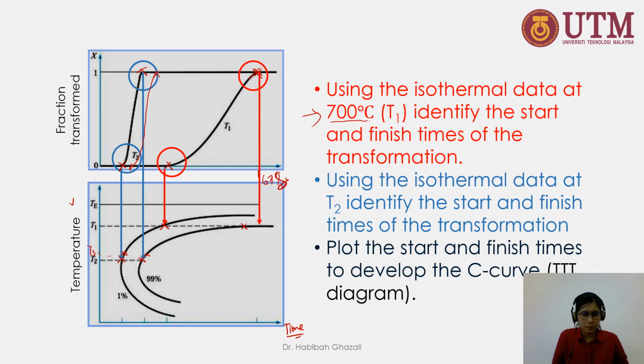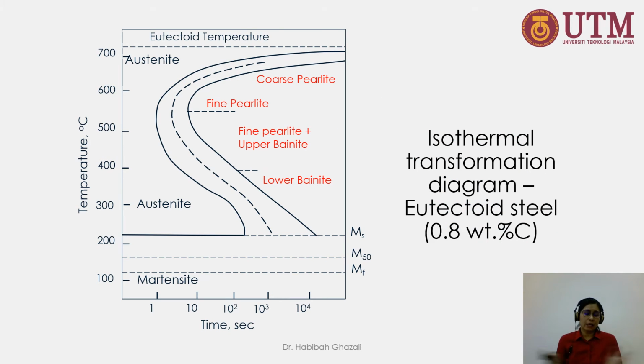So they repeat the same experiment over and over at different holding temperatures to construct this C-curve diagram. The data that I gave you for the experiment in the previous two slides is not the real data. It's just an example to give you some insight on how this diagram is constructed.